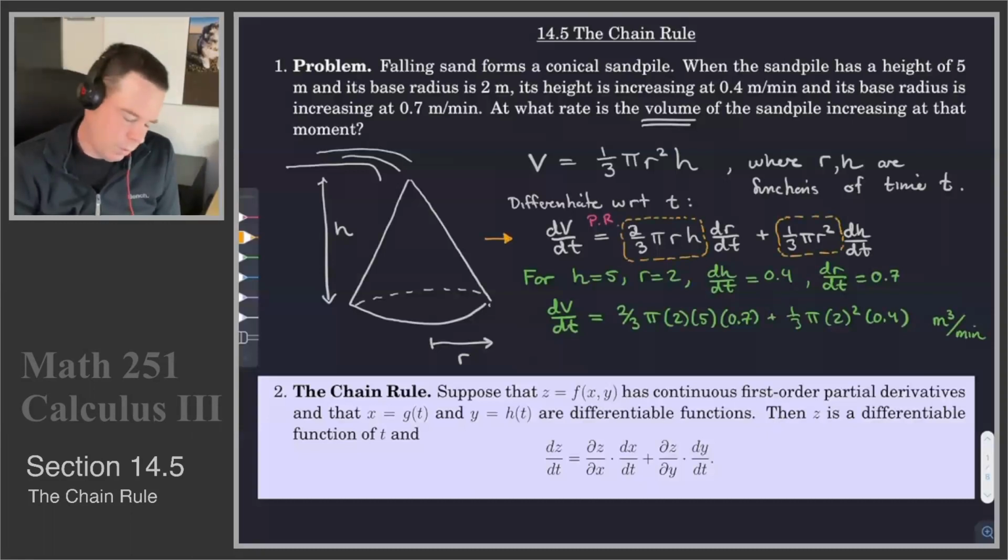But now that we've got multivariable calculus and partial derivatives under our belt, can we recognize that as something related to the original volume? Do we recognize that as a partial derivative? And the answer is, yeah, that's the partial derivative of v with respect to r. And this one here is the partial derivative of v with respect to h.